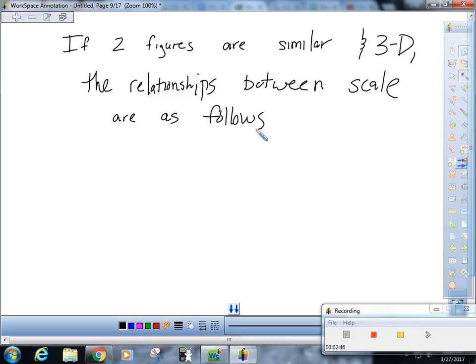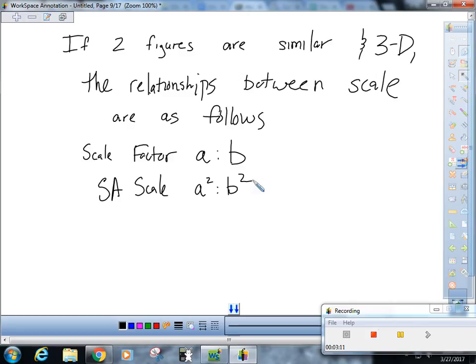Okay? So let's say that the scale factor was A to B. Okay? Well then, hopefully you remember that the surface area scale will be A squared to B squared. Okay? And maybe it's sensible to you that the volume scale will be A cubed to B cubed.